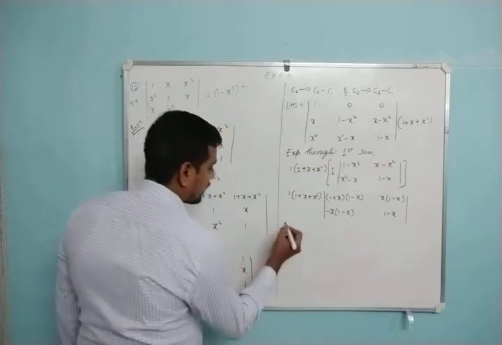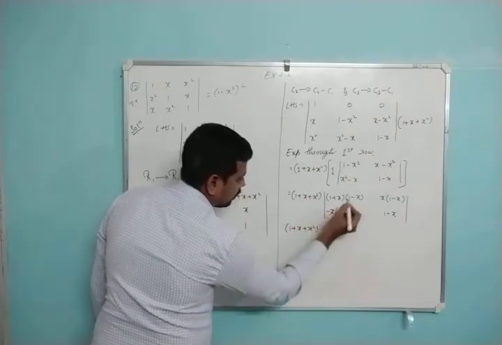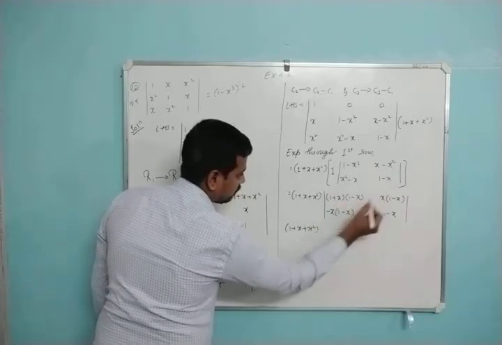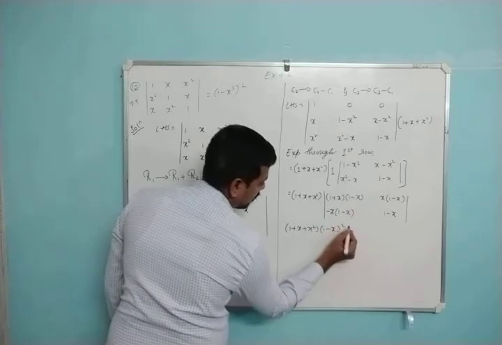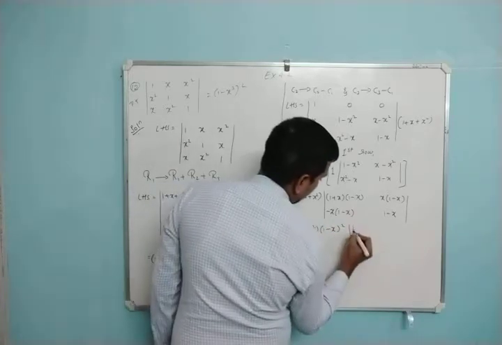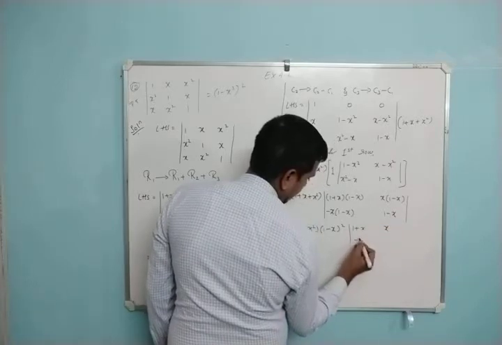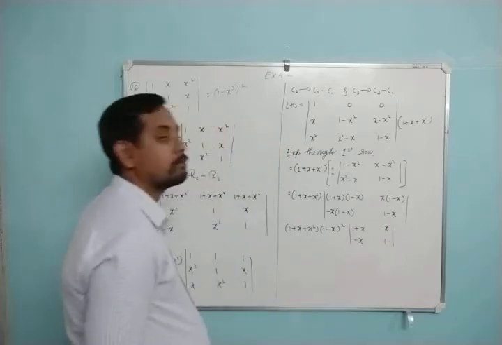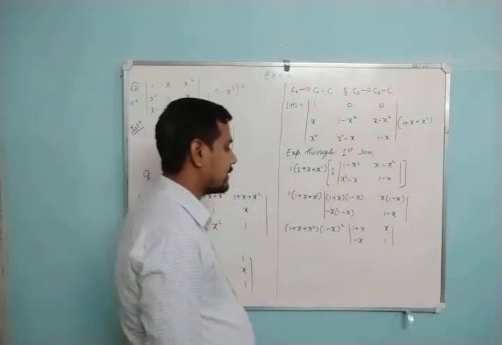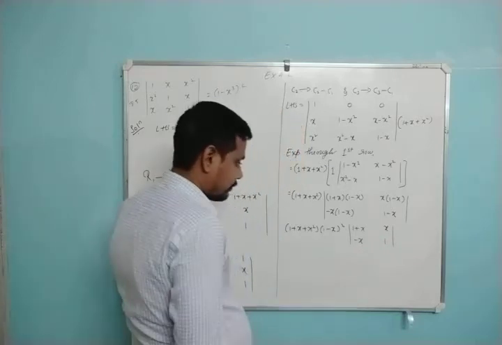Take 1 plus x plus x square. Take 1 minus x common from this row and this row also, so it becomes 1 minus x the whole square. What remains is 1 plus x, minus x, 1, and 1 plus x, minus x, 1.